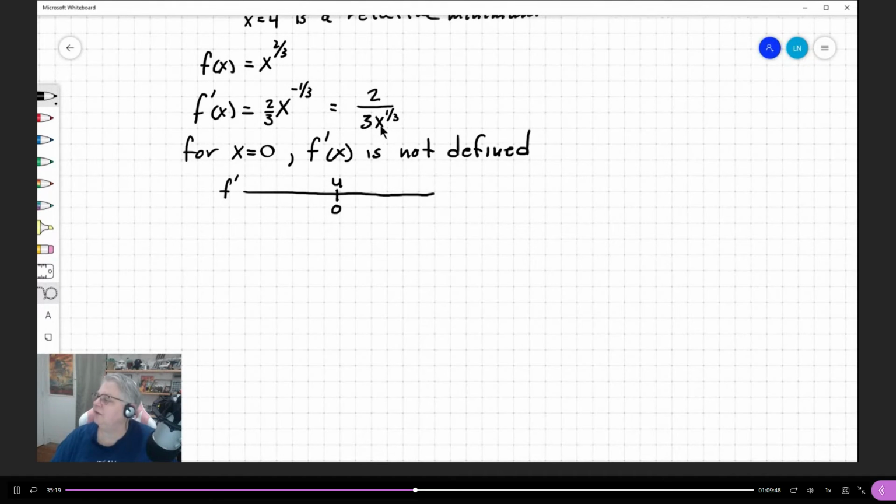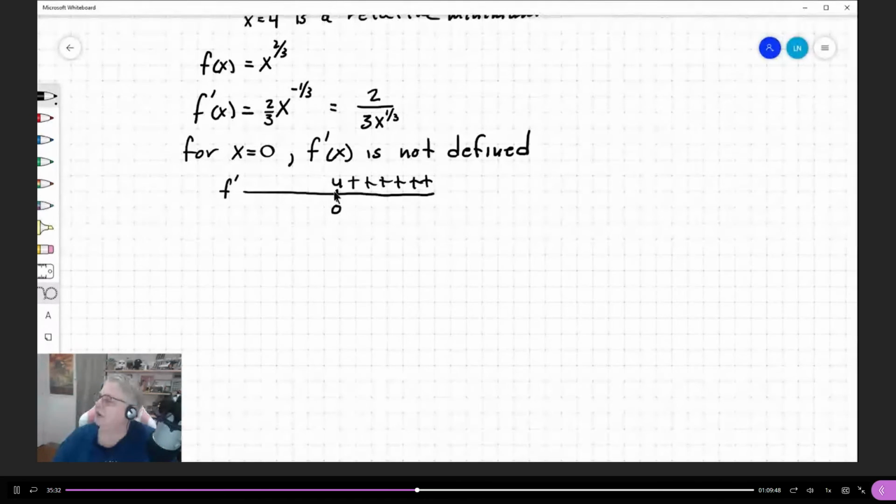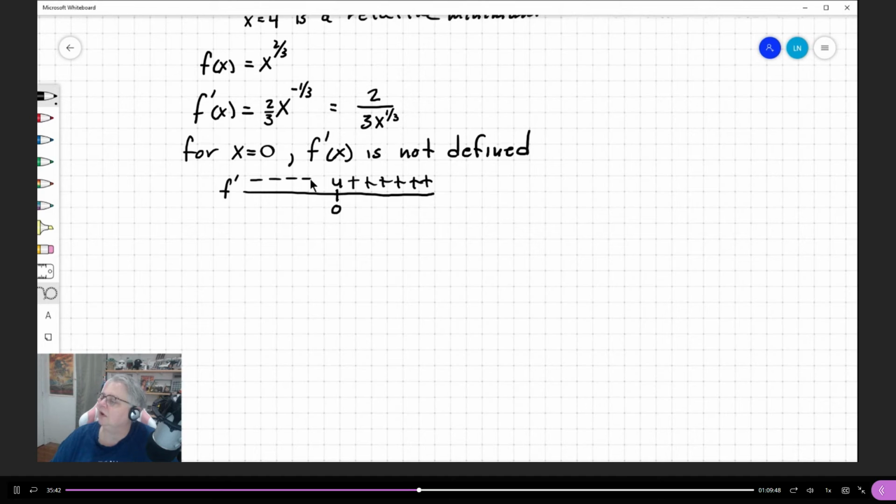If I put a positive value in for x into the derivative, I'm going to get a positive value out. If I put 1 in there, I'm going to get 2/3. That's positive, so on this side, the derivative is positive. And if I put a negative value in here, because that's an odd root, I'm going to get a negative value out. So if I throw a negative 1 in there, I'm going to get negative 2/3, which makes this side negative.